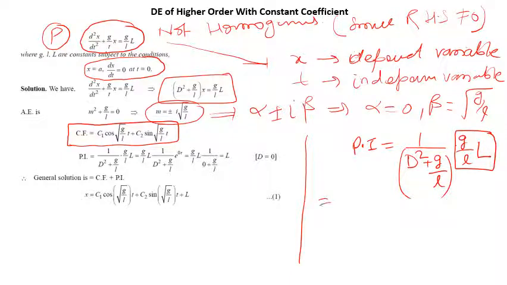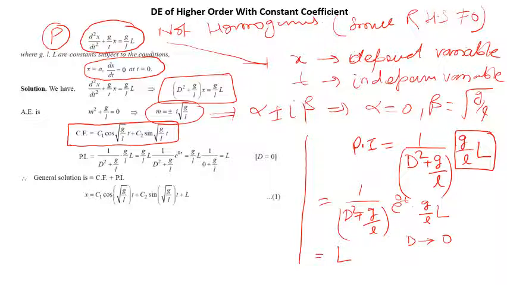This can be written as 1 upon D square plus g by l into e to the power 0 into t into g by l capital L. Now for PI, replace D by 0 and this becomes capital L, provided the denominator does not equal 0. This becomes capital L. Now this is PI.